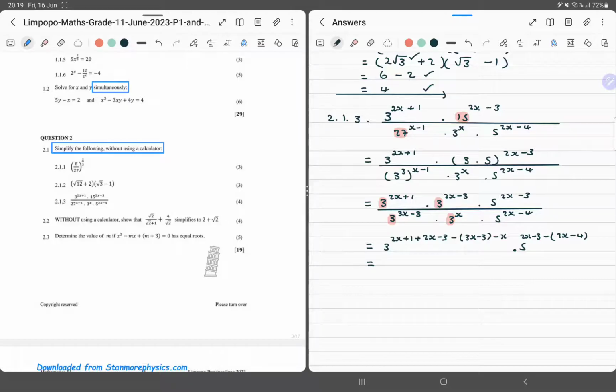So what do we do now? We've got 2x plus 2x. It gives us a 4x. Now a 4x minus 3x. So this, that, and that. So this is 4x minus 3x. This is x minus this x. It basically gives us a 3 to the exponent 0, or the x's fall away.